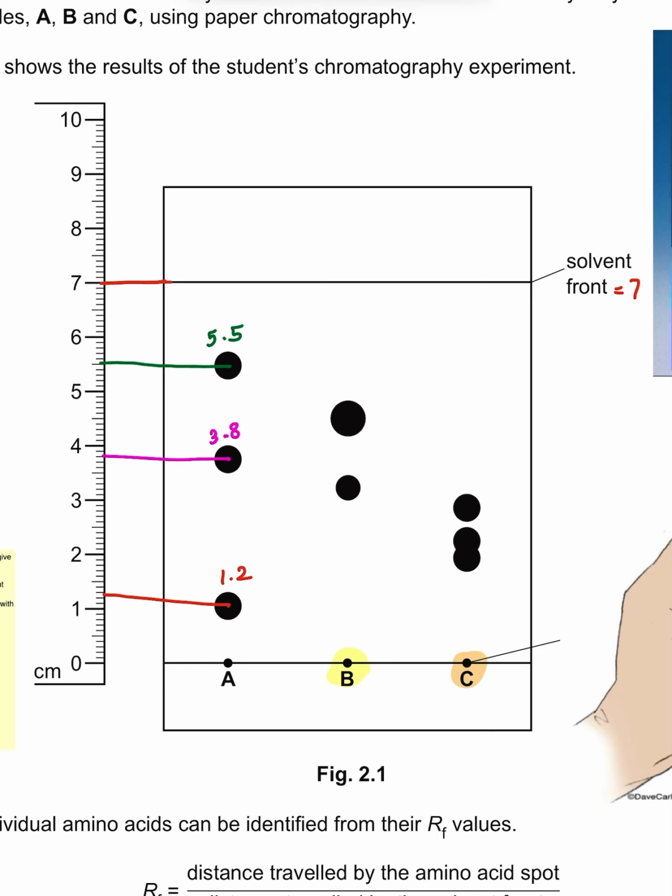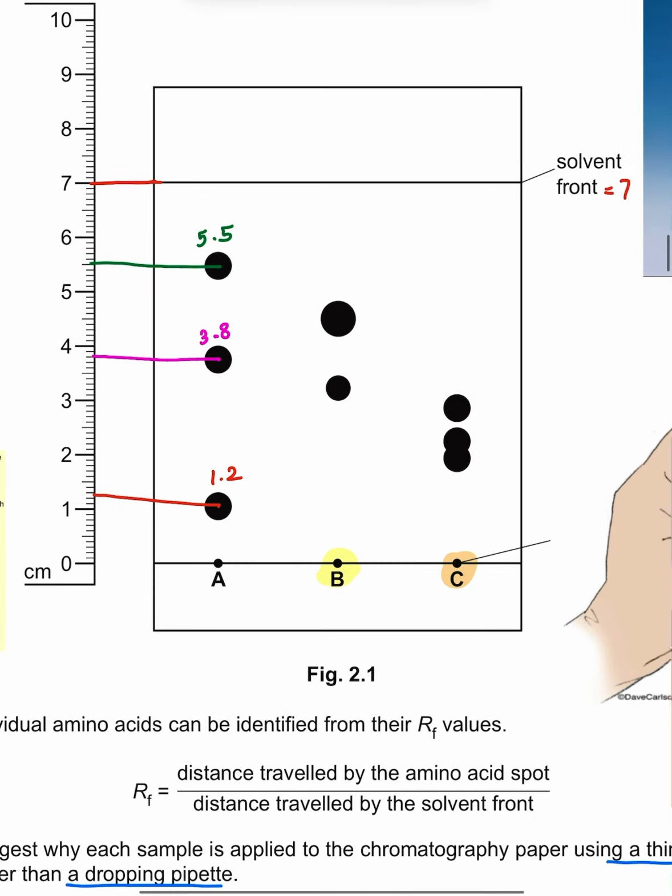Using the formula given in the paper, the RF value is the distance traveled by the amino acid spot over the distance traveled by the solvent front. For the first component, written above, over the solvent front distance written underneath, I get an answer equal to 0.17.